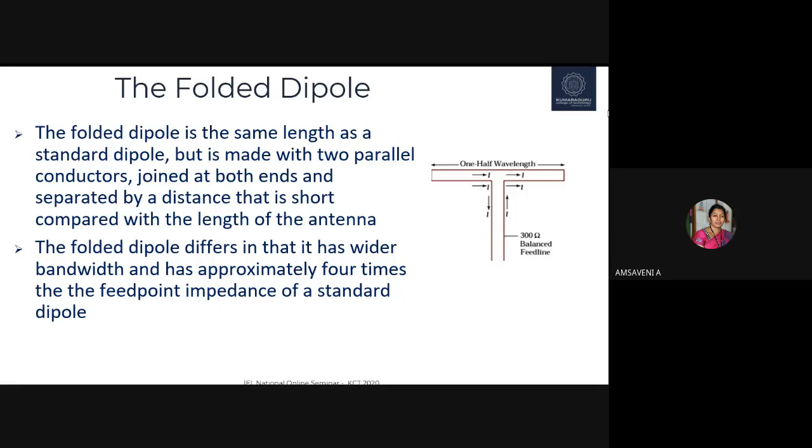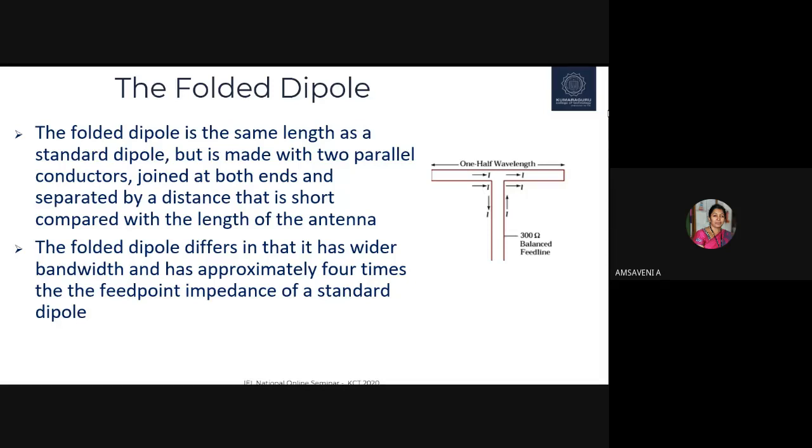And this folded dipole is used as a driven element in Yagi antenna. We'll see what is Yagi antenna. Actually, earlier a half-wave dipole was used, but as it provides 73 ohms only, and due to loading effect, the 73 ohms again gets reduced, there is no use of using that in the Yagi antenna.